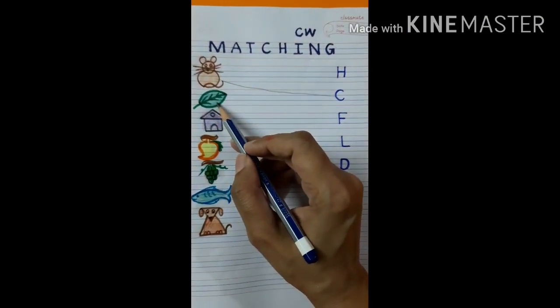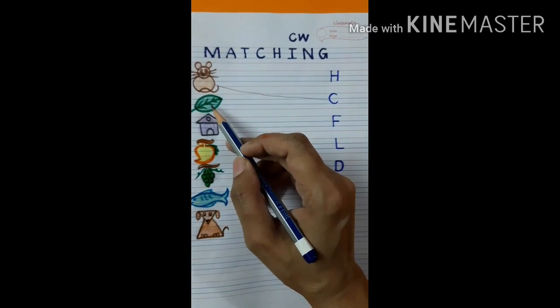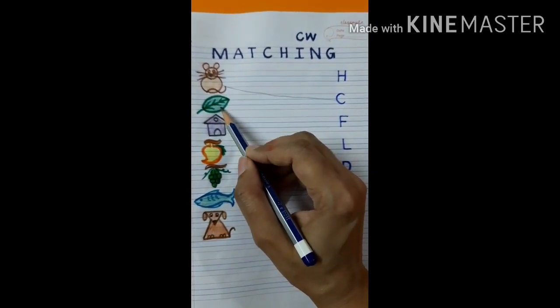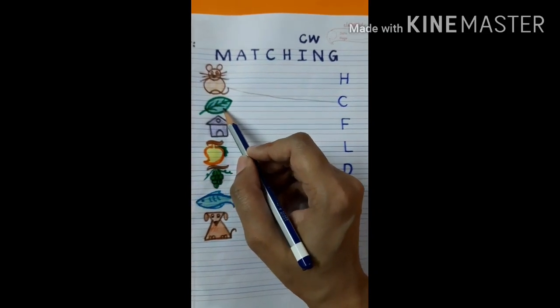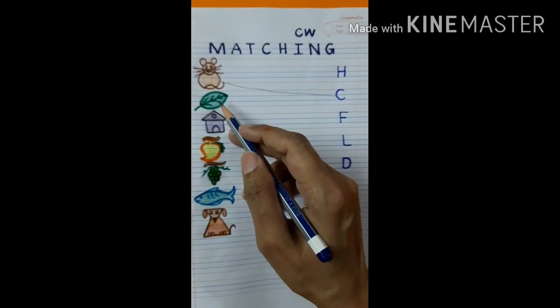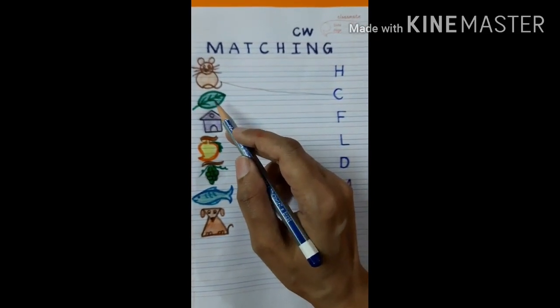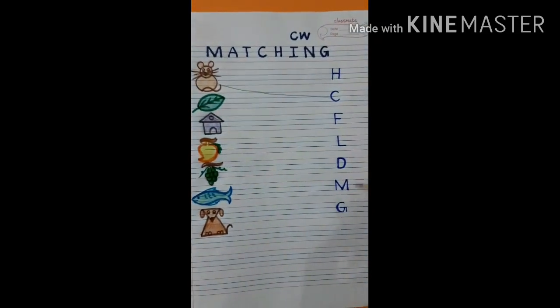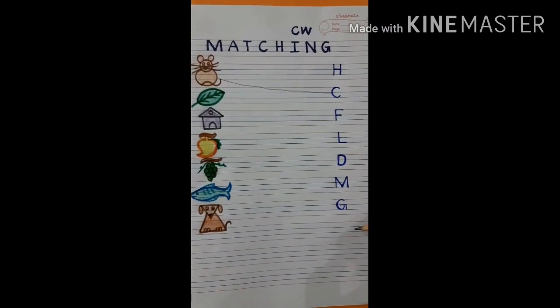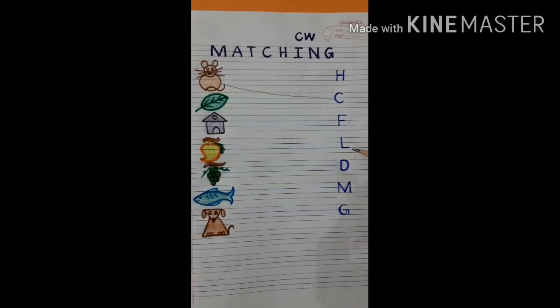Now, next picture is of leaf. Keep the pencil on picture leaf. And leaf belongs to which alphabet? Which letter? Letter L. Yes.